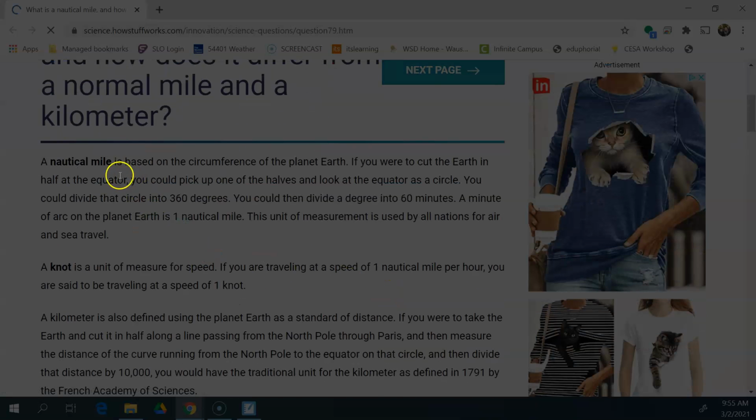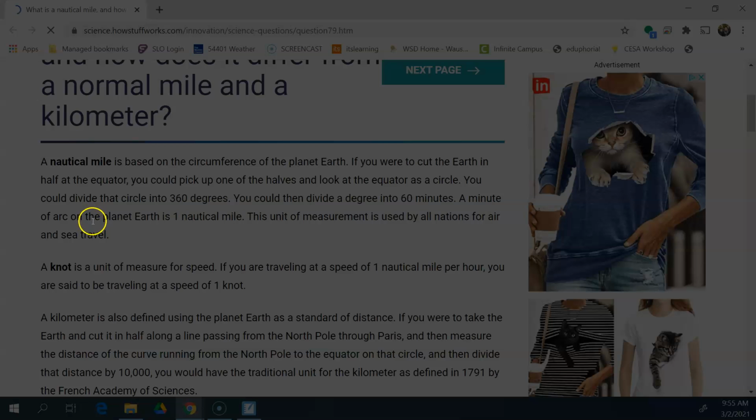is based on the circumference of planet Earth. Okay? So if you were to cut the Earth in half at the equator, and pick up one of the halves and look at it as a circle. So we take the equator, and the equator is your circle. Okay? You would divide that into 360 degrees.